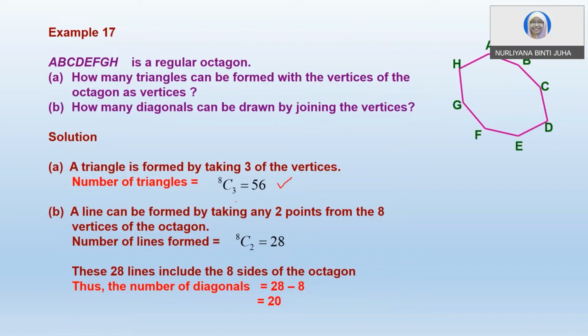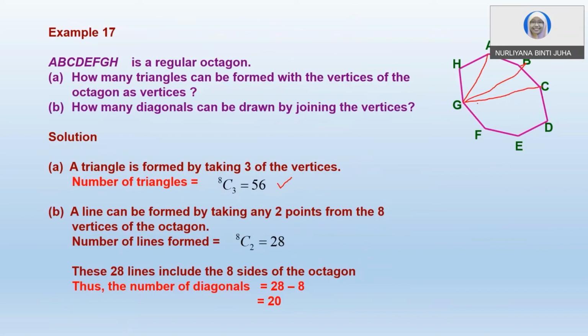Okay. And then for B, a line can be formed untuk diagonals. Okay, a line can be formed by taking any 2 points from the vertices of the octagon. Okay, diagonals meaning you join any here, any this one, or this one, or this one.